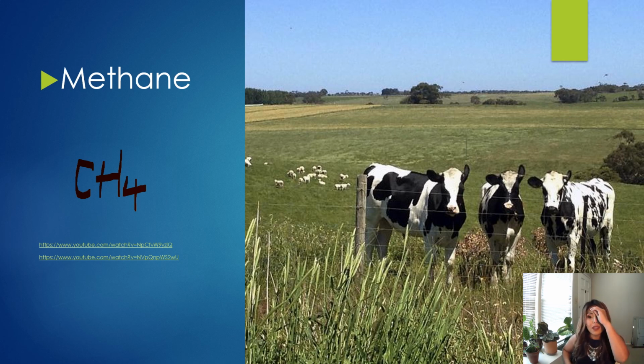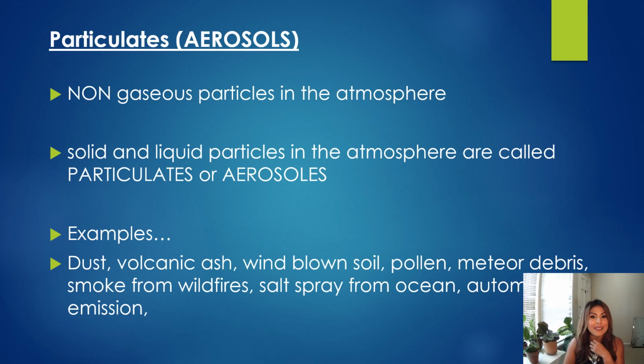The video link that I'm going to have for you will show exactly how dangerous methane is. If you take a molecule of methane, it's 32 times more potent than a molecule of CO2. So all these variable gases are also known as greenhouse gases.